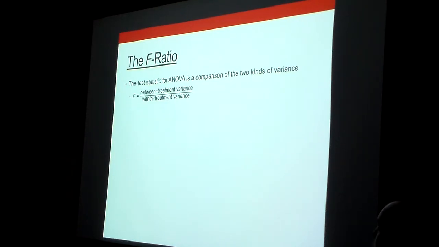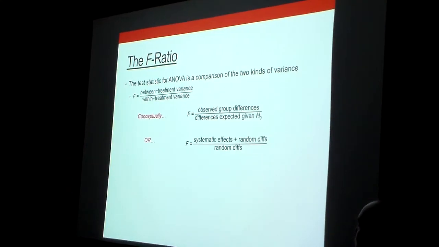So going back to our F ratio, our test statistic here is going to be made up of two different types of variance: our between treatment variance and our within treatment variance. Conceptually, this is our observed group differences over the differences we would expect under the null hypothesis. Our observed group differences are our between treatment variance, right?